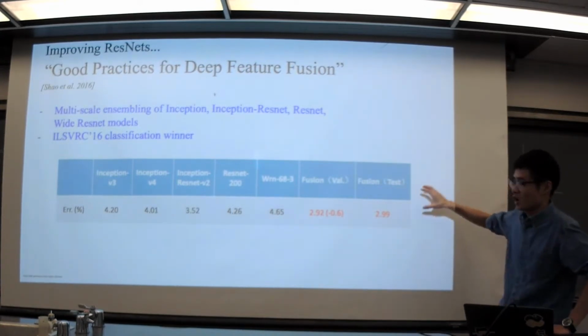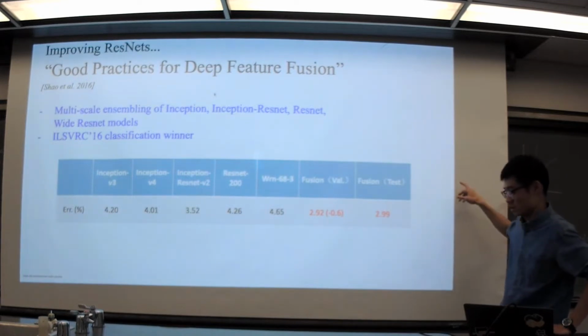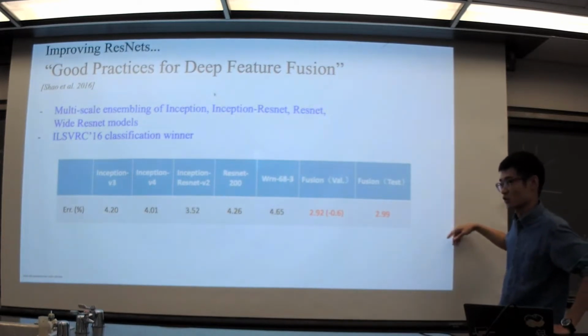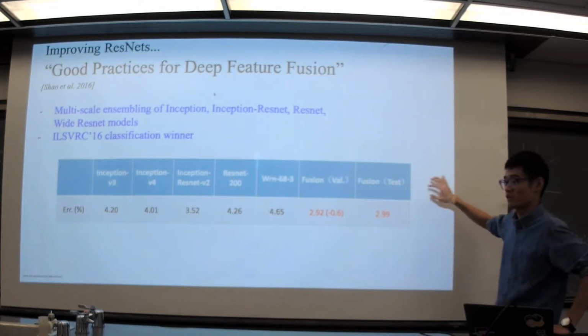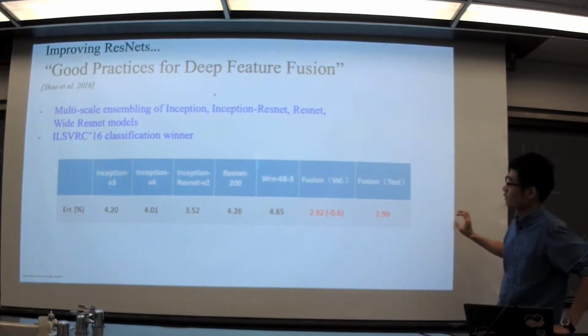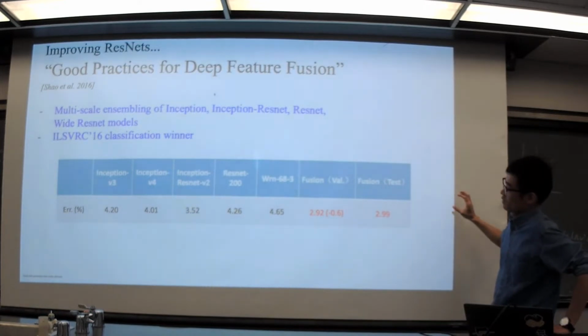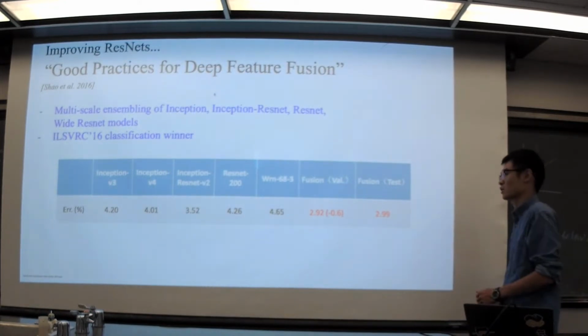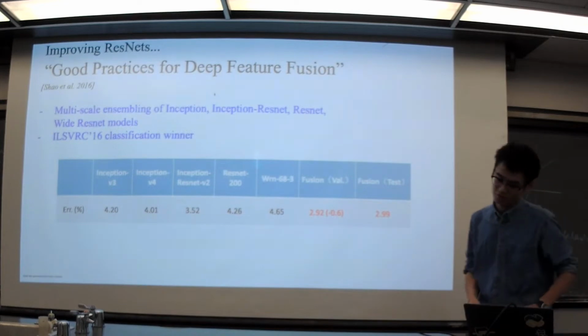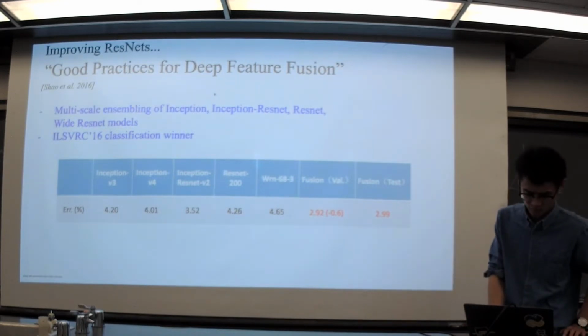Like if there's a dog in the middle of the image, then the middle part is what your network should focus on instead of the border part. That's the very common use for fusion, or we call it focus.